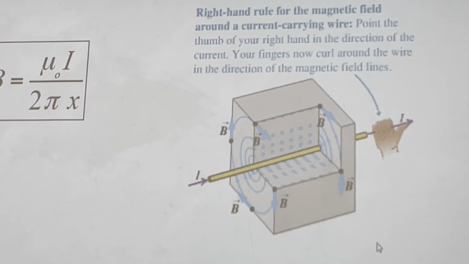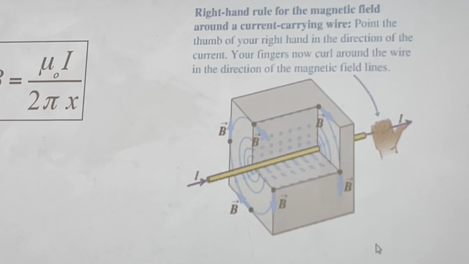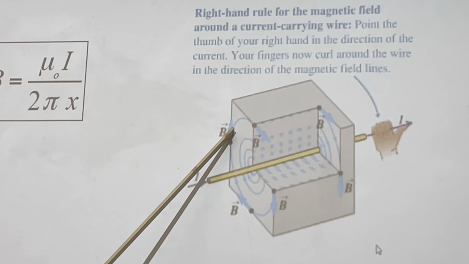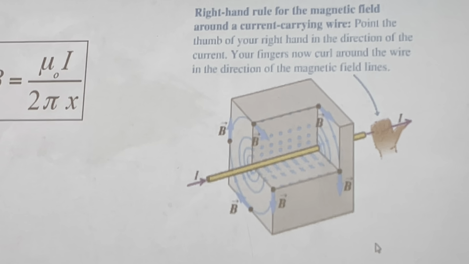But that's a picture that you should really look at, and so what's given is the wire in yellow. You have to imagine these rings going around it with the magnetic field curling around the wire.